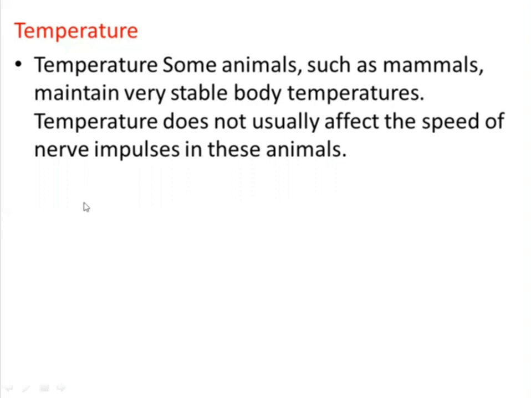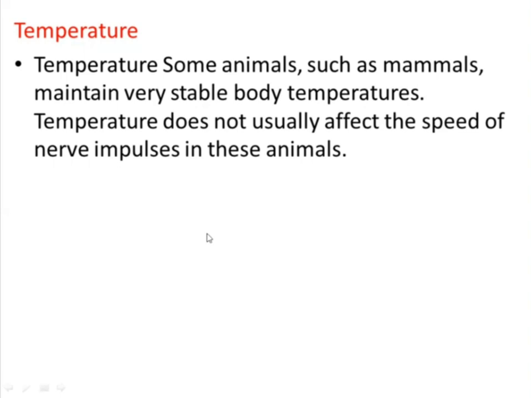So temperature does not usually affect the speed of the impulse in these animals, right? In the human body, temperature is very stable, so there is no effect on conduction by temperature, right? These are the factors of nerve conduction.